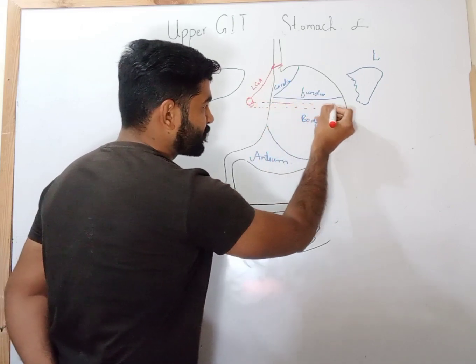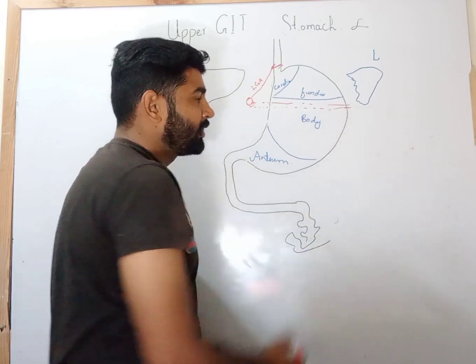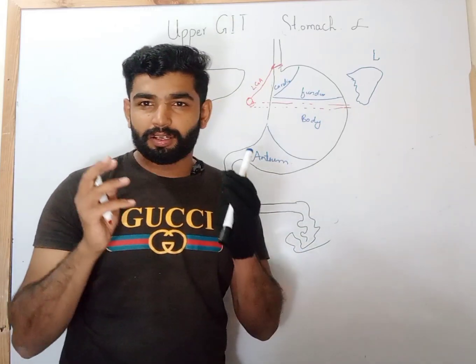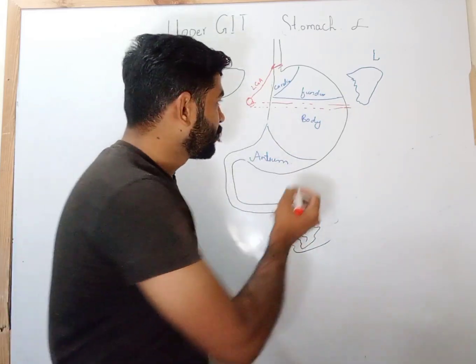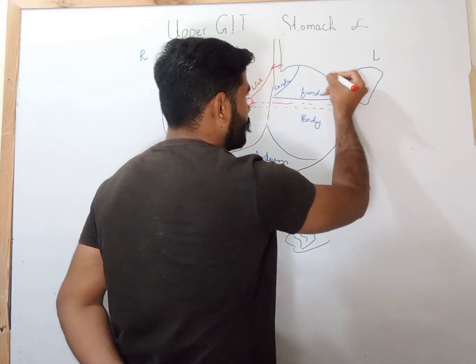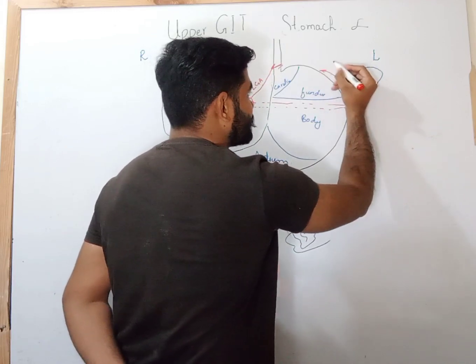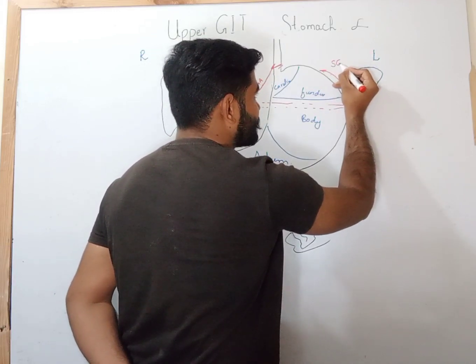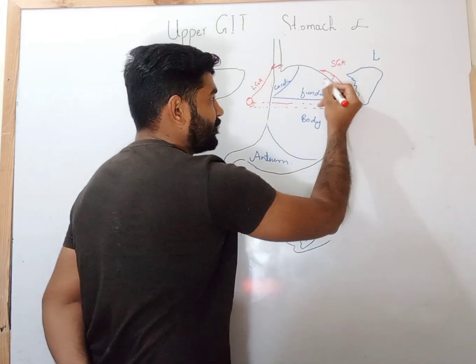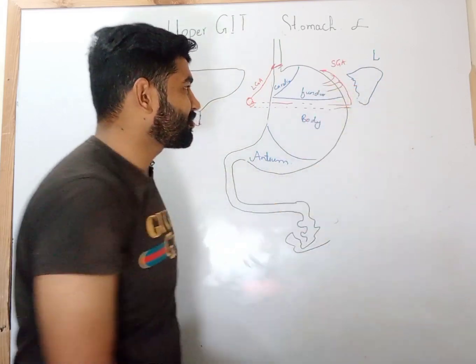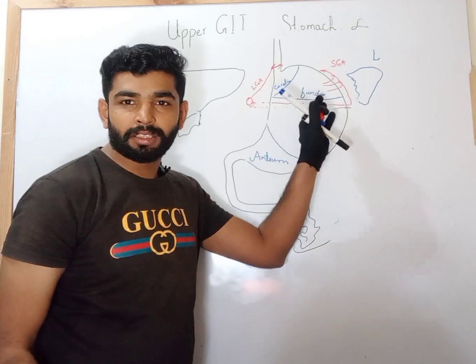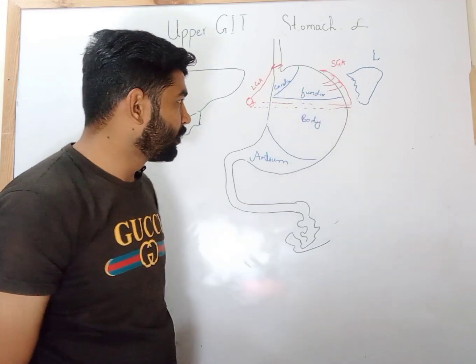Second is the splenic artery, and the splenic artery supplies two branches. Number one provides the fundus, this is the short gastric artery. These are the short gastric arteries which will supply the fundus of the stomach.